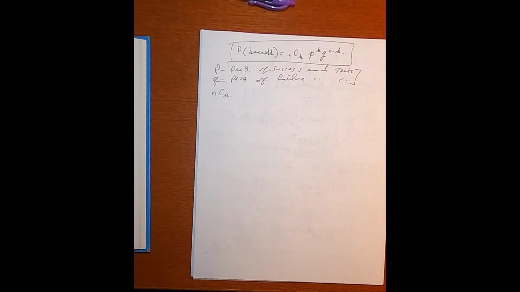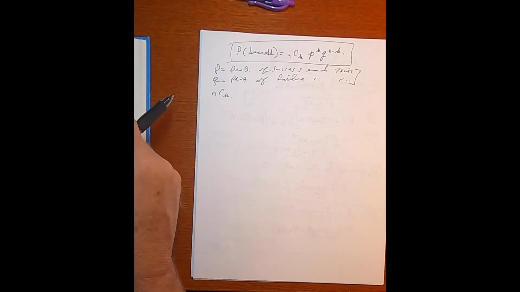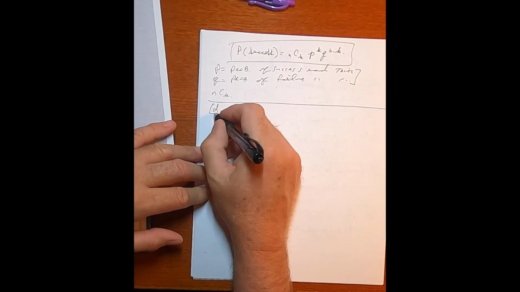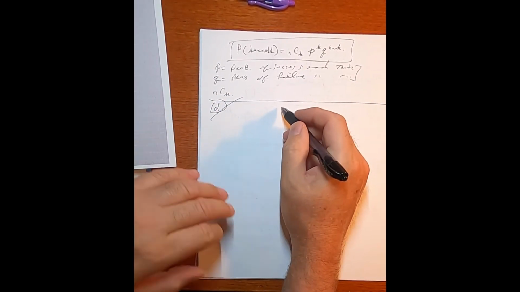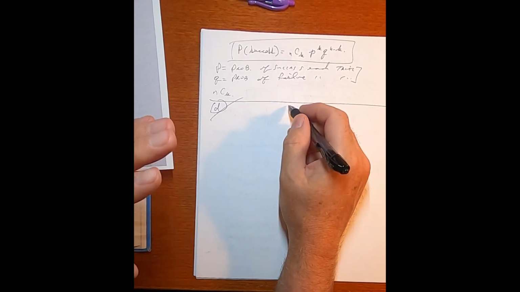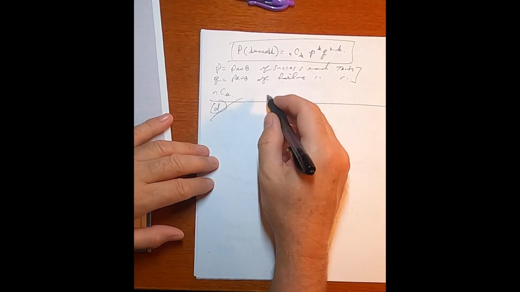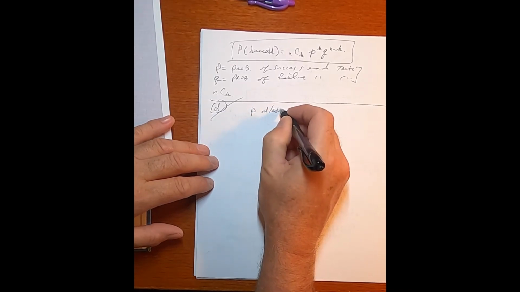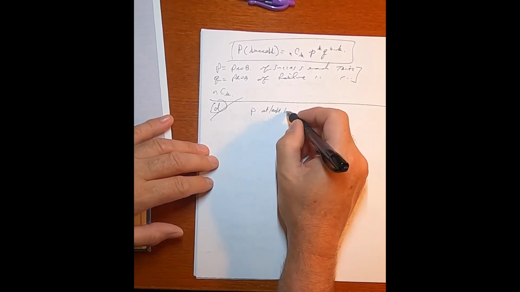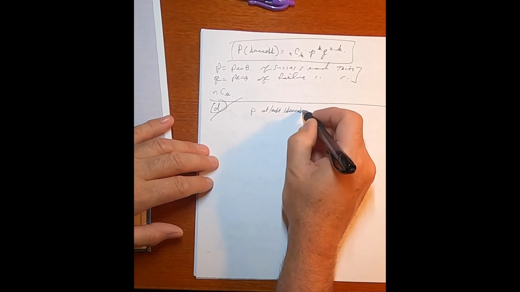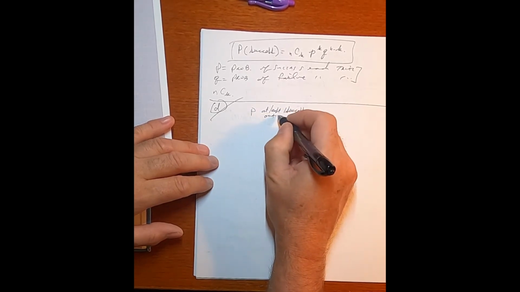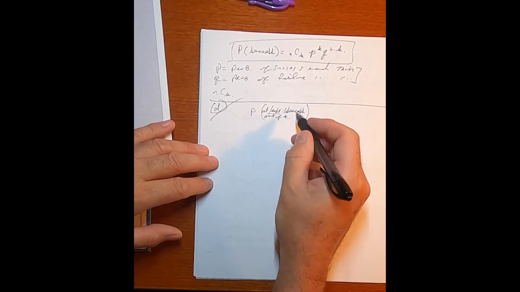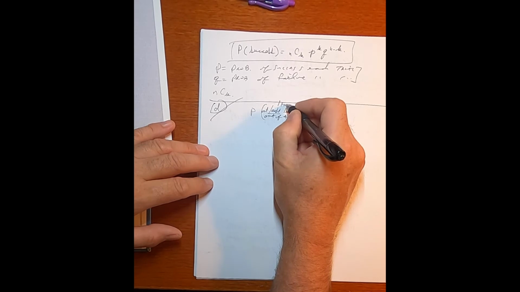Now let's go on to part D. Part D is saying that the probability at least one of the calls is for fire. So basically, what you're saying is the probability of at least one success out of 4. So that's one fire call.